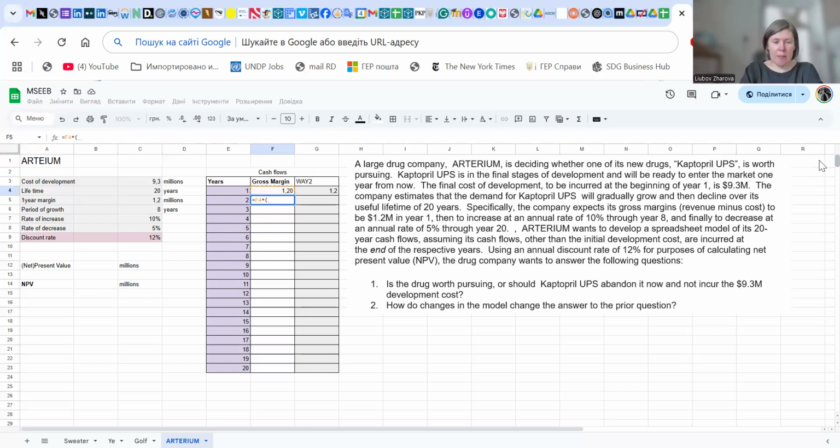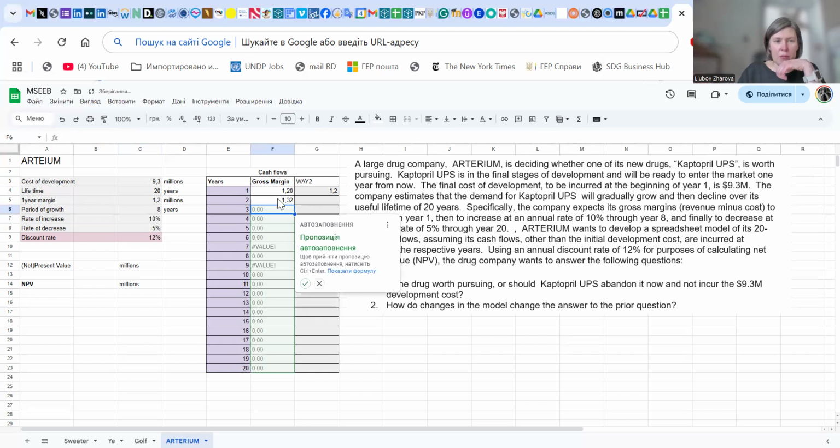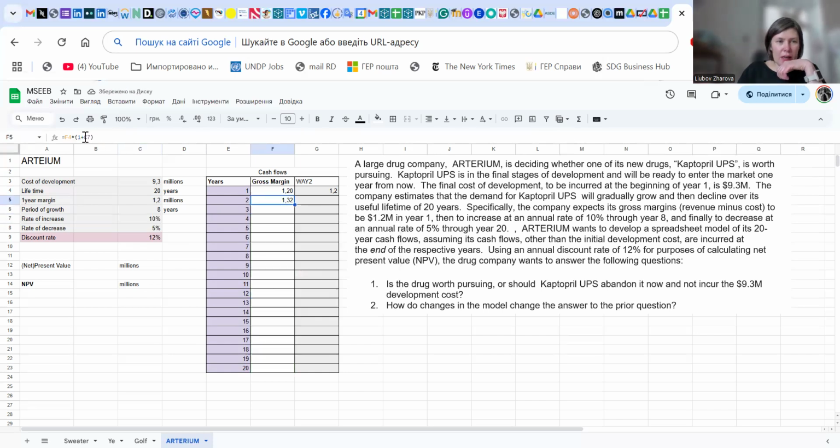So the year margin plus our rate of increase, and it will grow till year eight, and from year nine, sorry, it will decline every year by 5%.